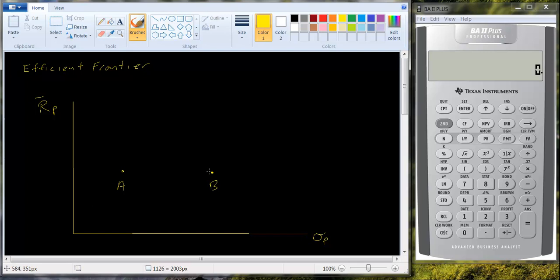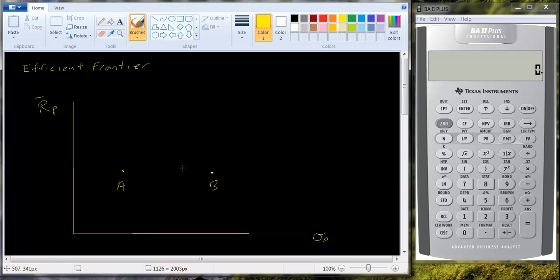B has a higher level of risk, but based on how I drew it, hopefully, it has the same expected return. So A is better than B because for the same level of expected return, we get a lower level of risk.